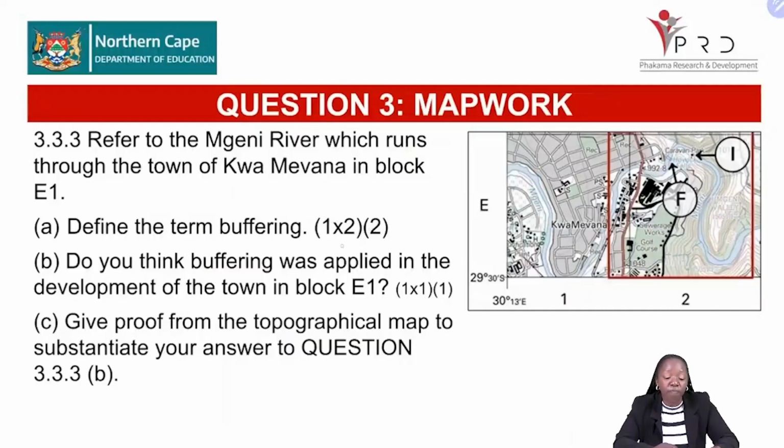Then number B, do you think buffering was applied in the development of the town in block E1? 1 times 1. Then number C, give a proof from the topographical map to substantiate your answer to question 3.3.3b. I'm going to give you 3 minutes to work on these 3 questions, and then after 3 minutes, we'll proceed to the corrections.